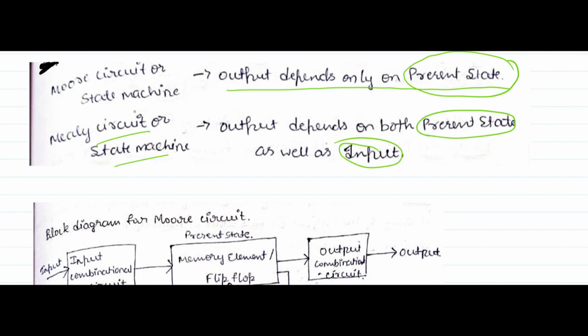So remember this: for Moore, output depends only on present state. For Mealy, output depends on present state as well as input.